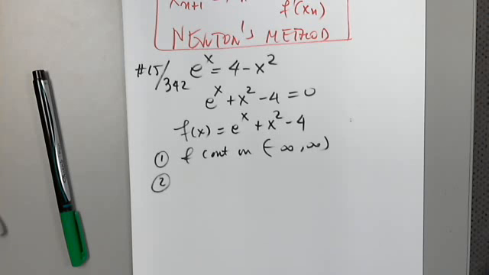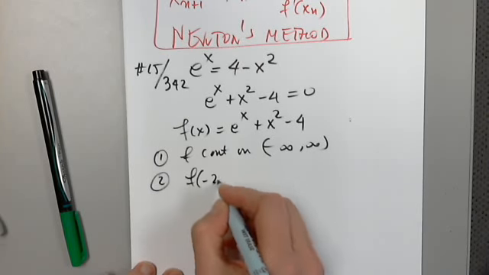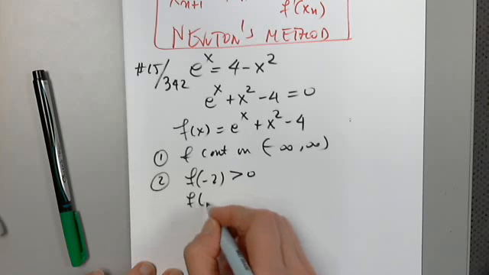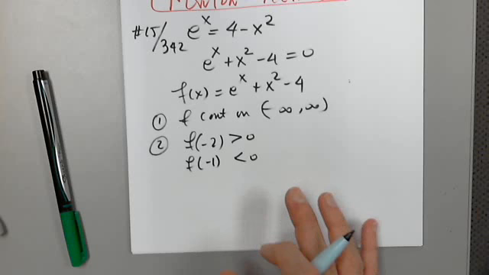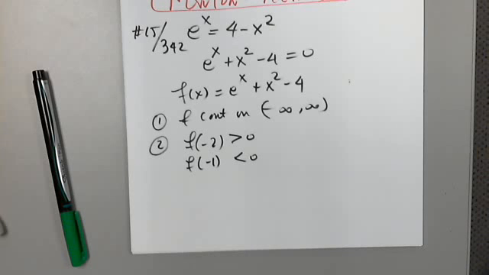I know there is a solution between negative 2 and negative 1 because the function is continuous and it changes sign from positive to negative. So I will write f of negative 2 positive, f of negative 1 negative. I don't care for the numbers. I just show this.